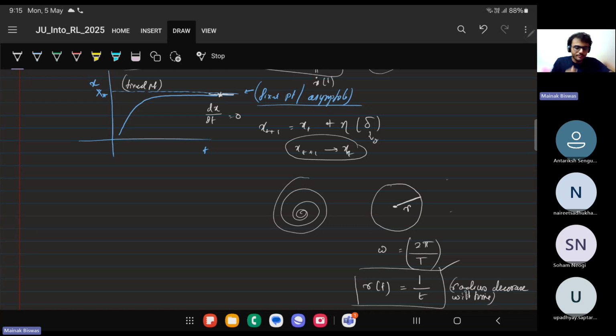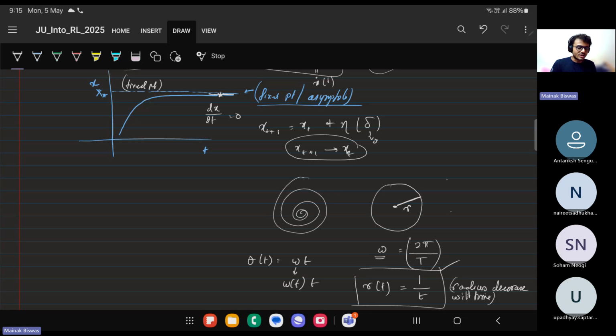And at every time, for every radius, you have a constant velocity omega. So your theta at a particular time t would just be omega into t, where omega is the instantaneous angular velocity of that point. So that's basically what it is currently.